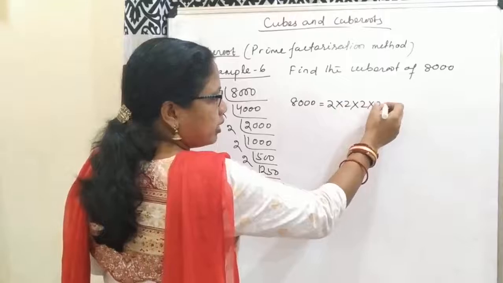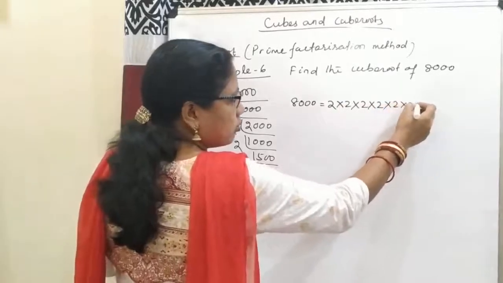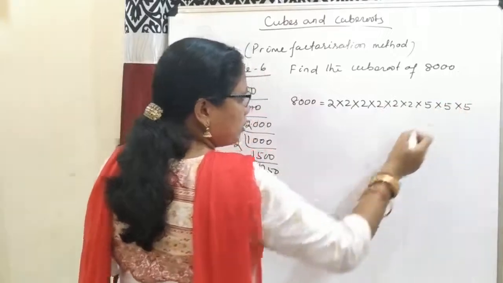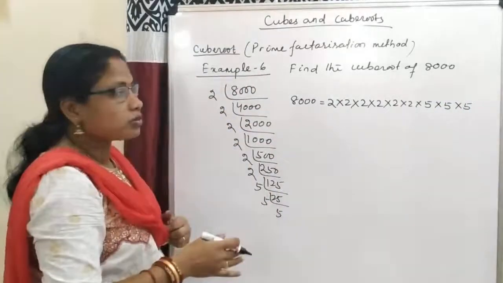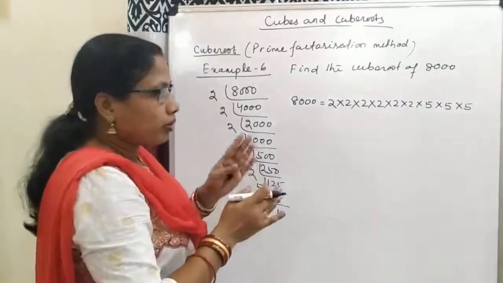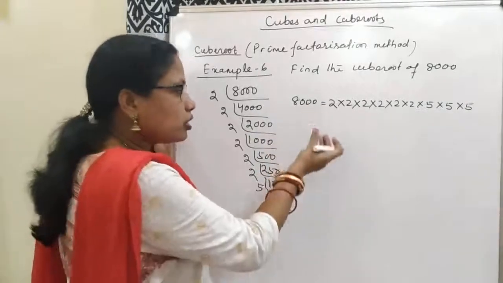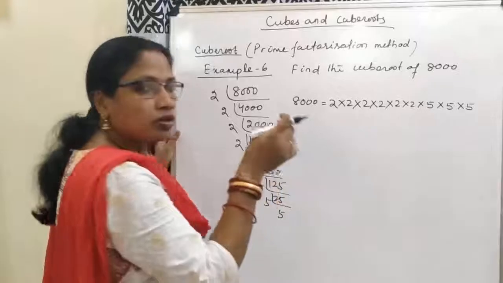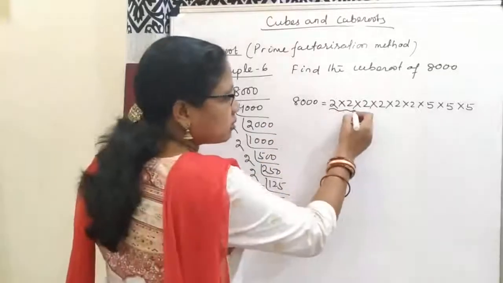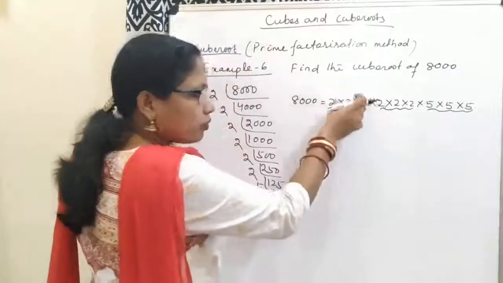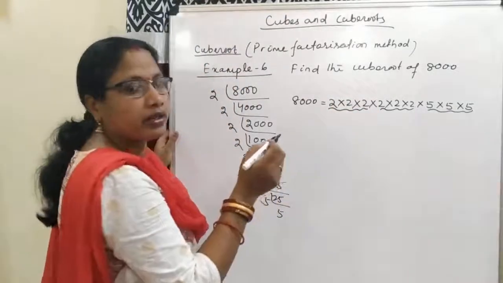So you have to write this as 2 six times, multiplied with 5, multiplied with 5, multiplied with 5. As we do in the case of square root, where we make pairs of factors, here we should group the factors into 3s. From each group we take one factor to find the cube root.